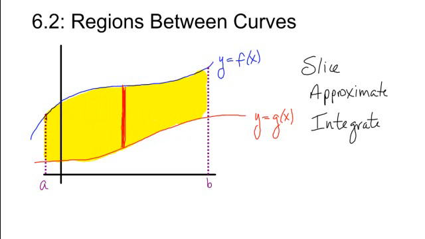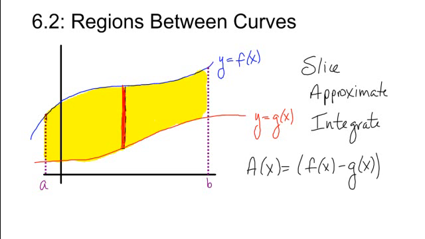And then we're going to approximate the area of that slice. We're going to imagine that it's a rectangle, and the area of that slice would be the function f of x, the top, minus the function g of x, the bottom, and that gives you the height of your rectangle.